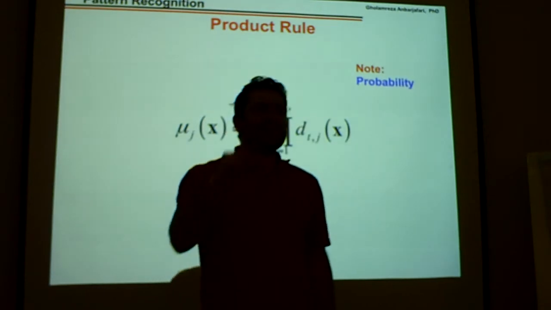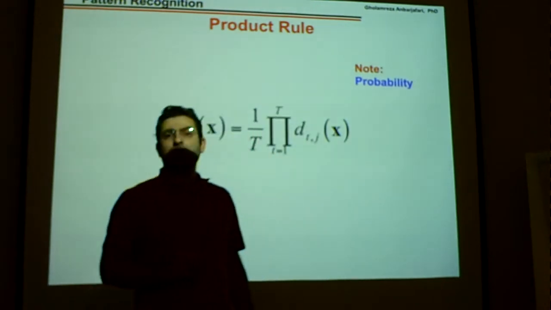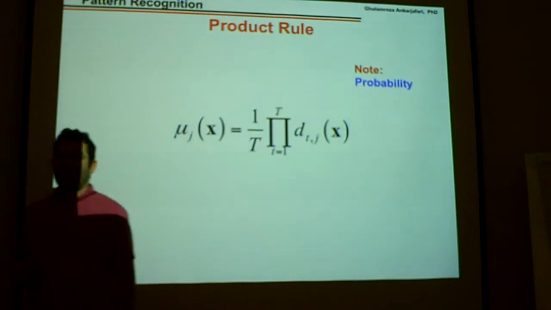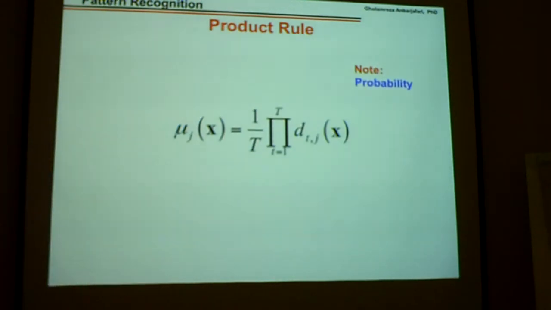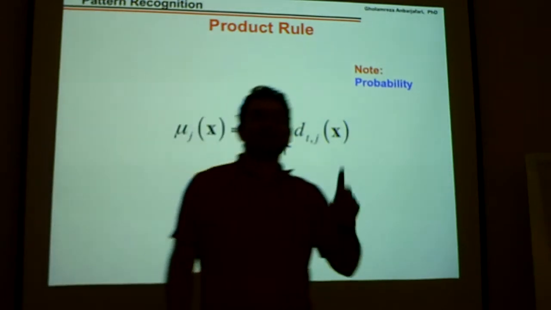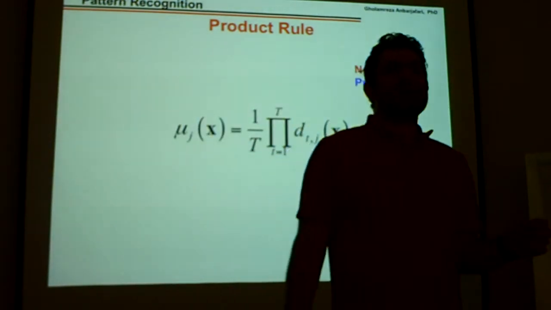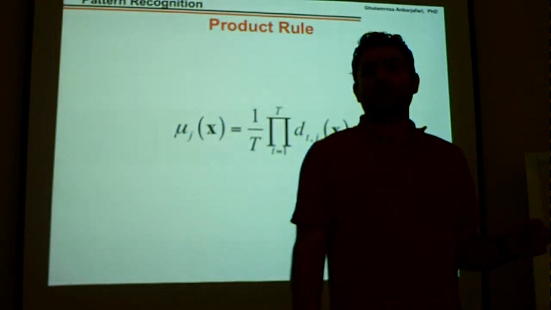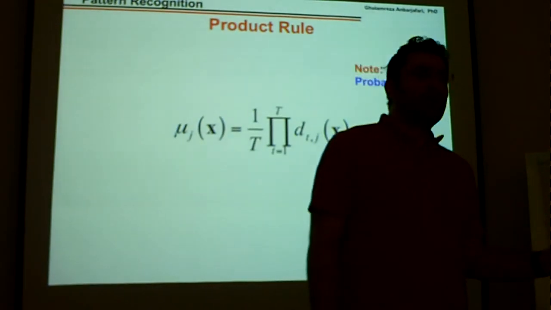What is the weakness of the product rule? It's a very sensitive method, but what is it sensitive to? The minimum value. It's very sensitive to the minimum value, which is, what is the minimum value? Probability 0, right?